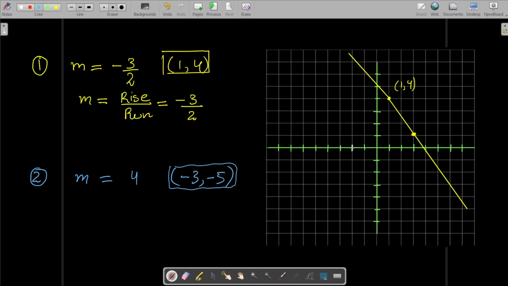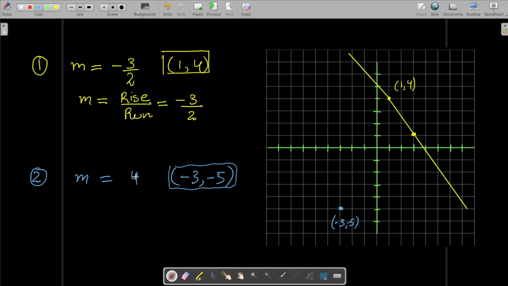So -1, -2, -3. Then y-axis is also -5, so it will be -1, -2, -3, -4, and -5. So this is the point where exactly you have to do your initial marking. So this is -3 comma -5.